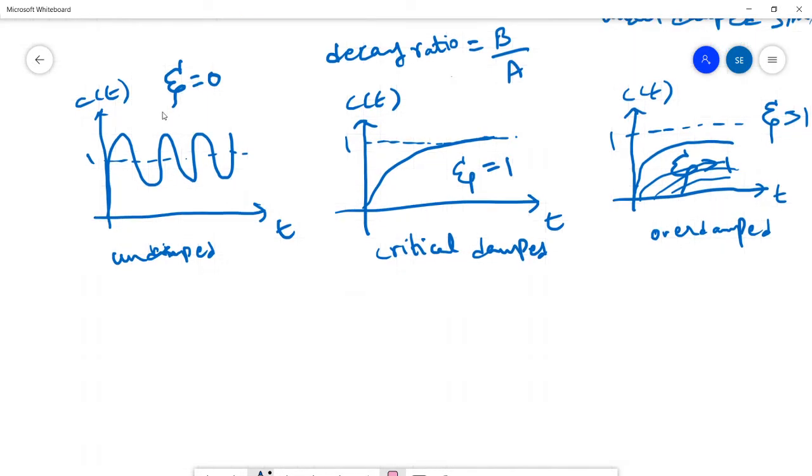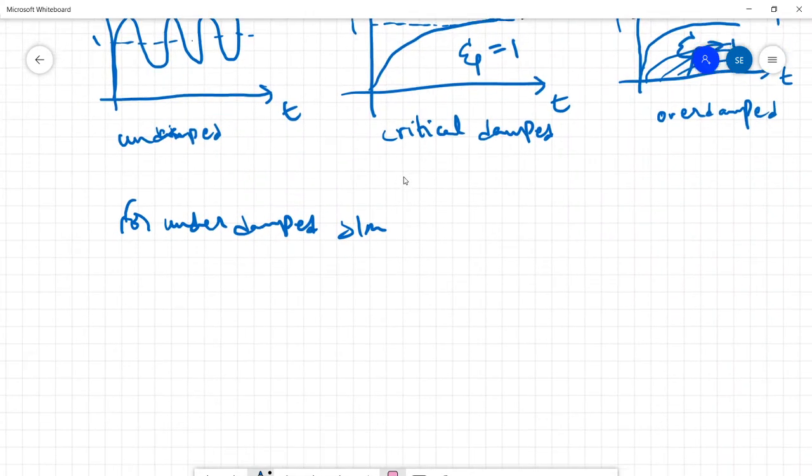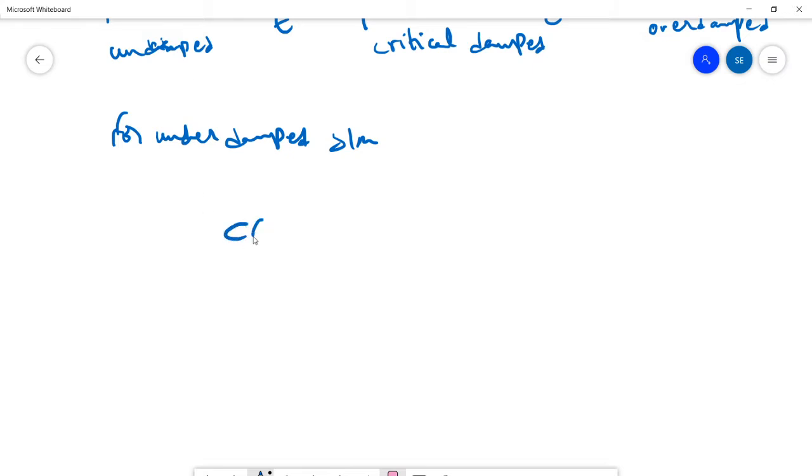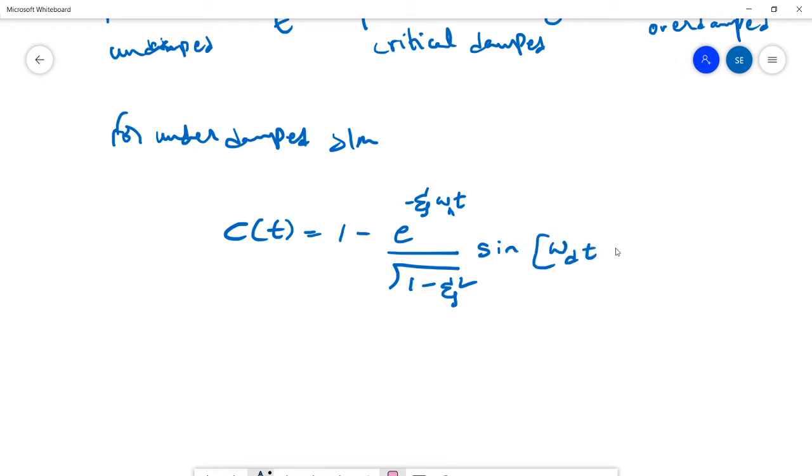As we derived the second order response for the step input, when you are giving zeta value in between 0 and 1, that is for an underdamped system, C of t is given as 1 minus e power minus zeta omega n t, where omega n is the natural frequency, divided by root of 1 minus zeta square, sine omega d t plus phi.